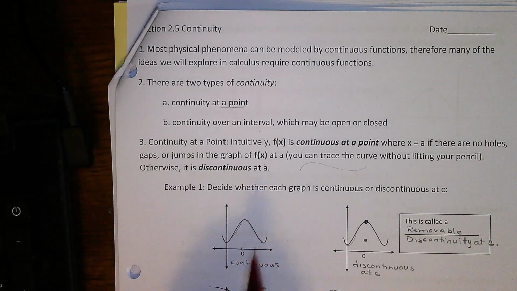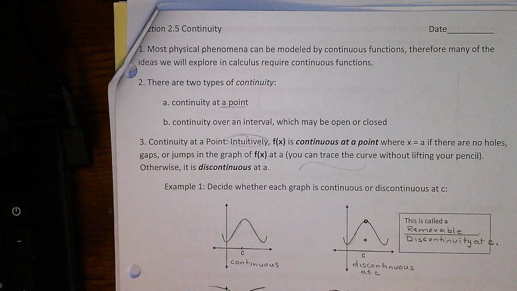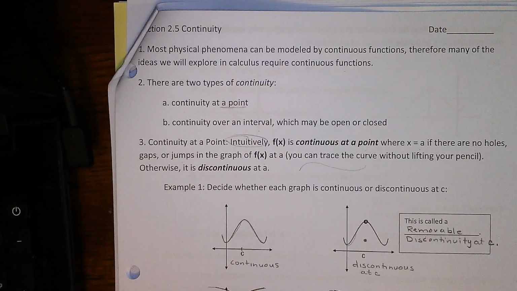Okay, but we can't stay with just an intuitive definition of continuity. We have to have a formal definition, and this formal definition is very important. In fact, you will have to demonstrate the 3 points in this definition many, many times to prove a function is continuous at a point.